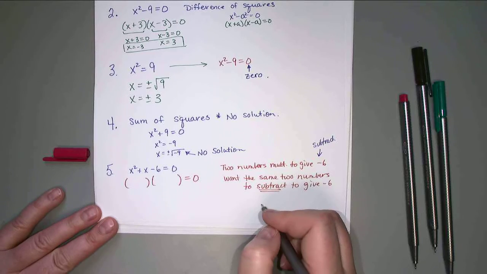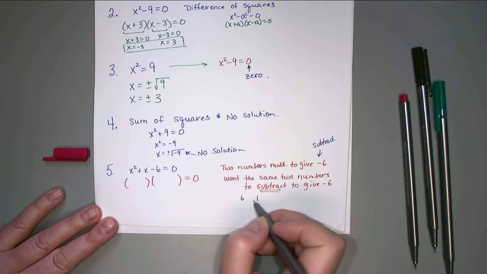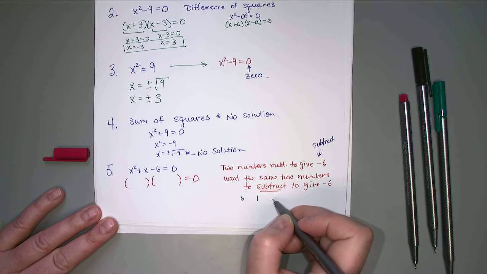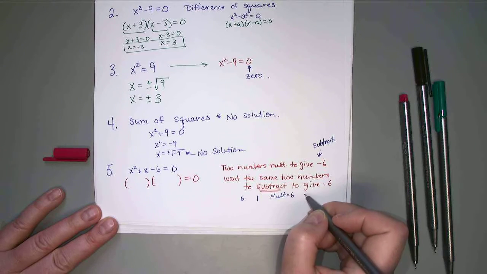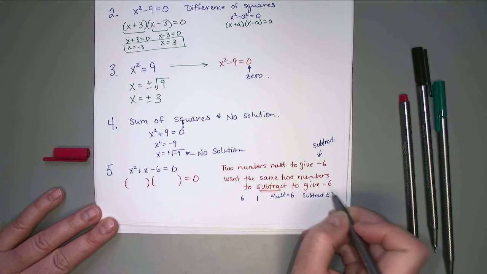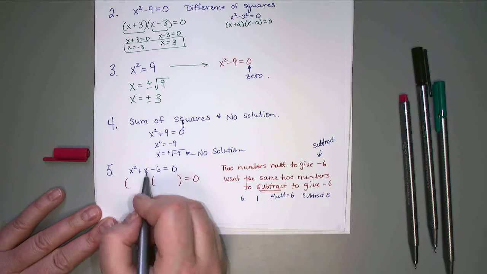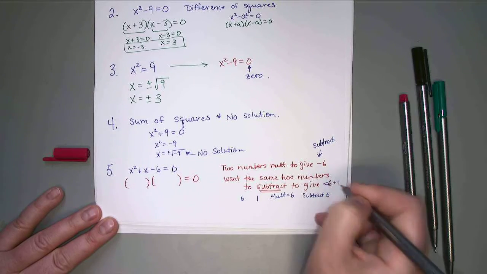So two numbers that multiply to give 6. So it could be 6 and 1. They multiply to give 6, but they subtract to give 5. Oh, sorry, we don't want to subtract to give negative 6. We want to subtract to give whatever's here. This should have been a plus 1.